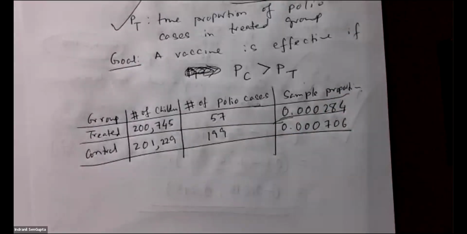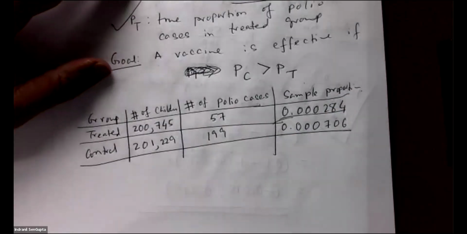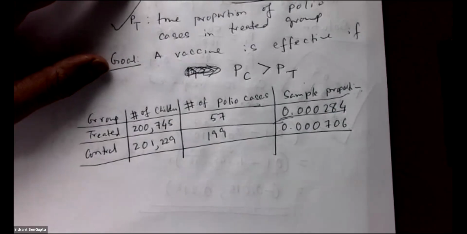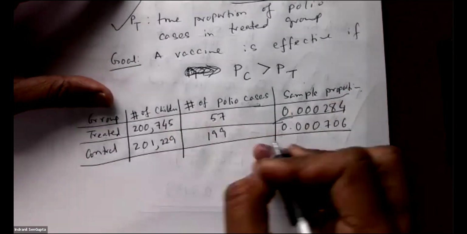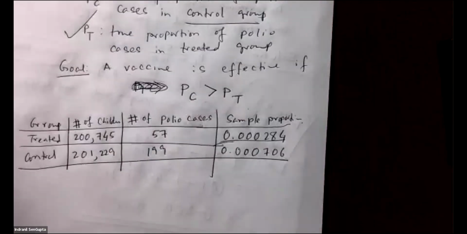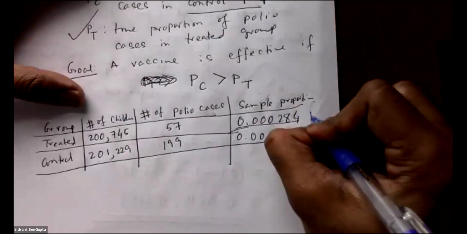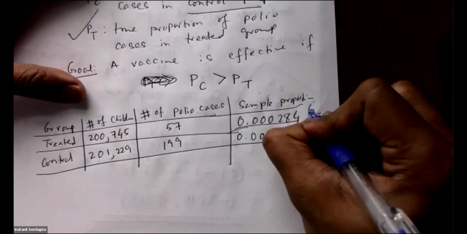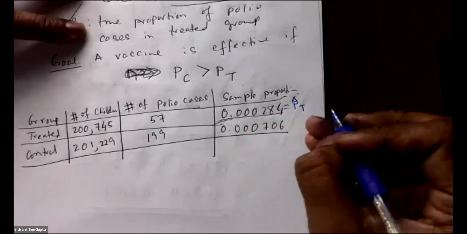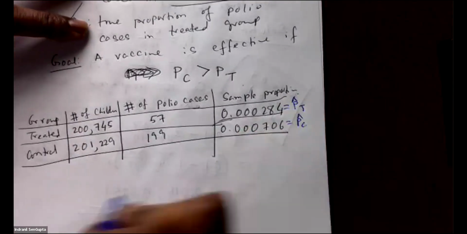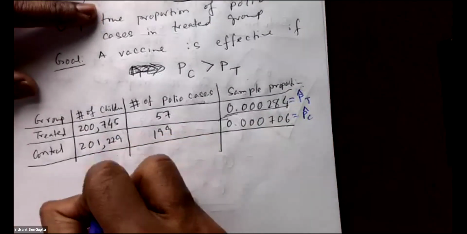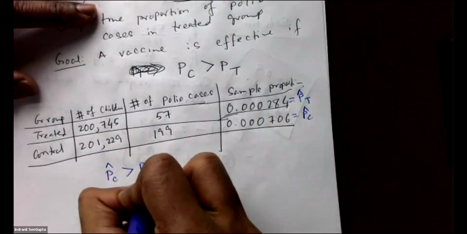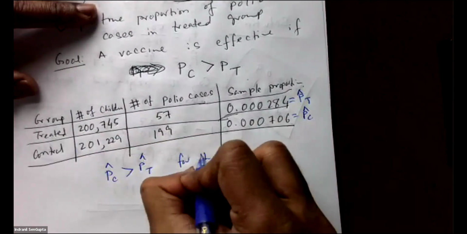Okay. So for this particular sample, we call this sample proportion PT hat, and this we call PC hat. So we see that PC hat is bigger than PT hat for this sample.